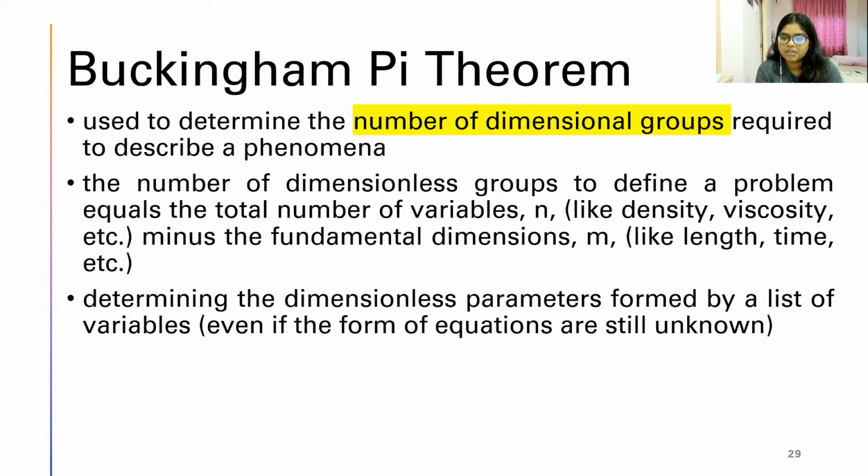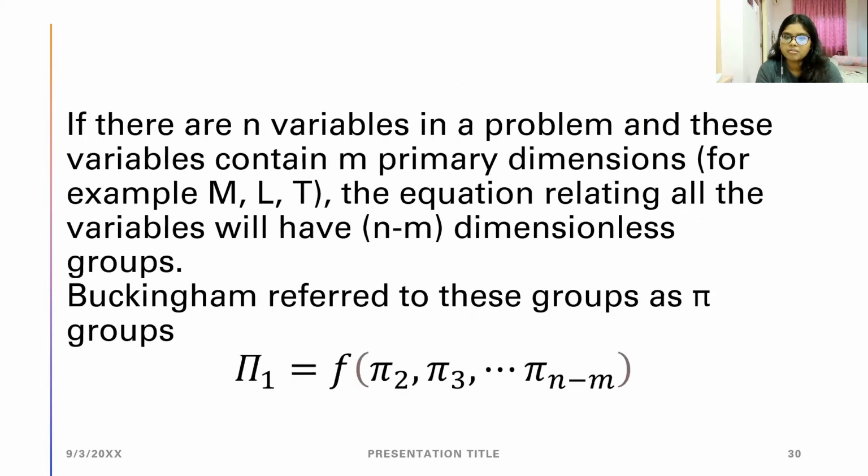Determining the dimensionless parameters formed by a list of variables is possible even if the form of the equations is still unknown. So even if our equations are still unknown, we can still determine our dimensionless parameters. If there are n variables in a problem and these variables contain m primary dimensions or fundamental dimensions, for example, M, L, and T, the equation relating all these variables will have n minus m dimensionless groups.